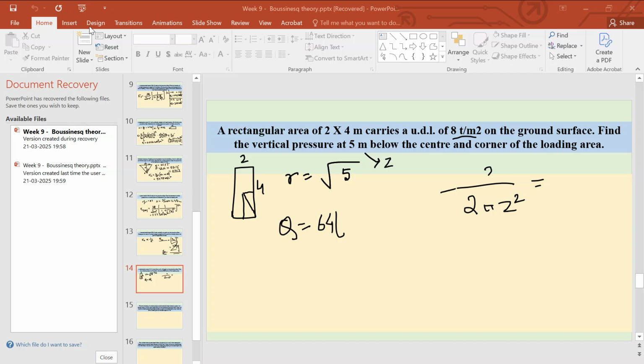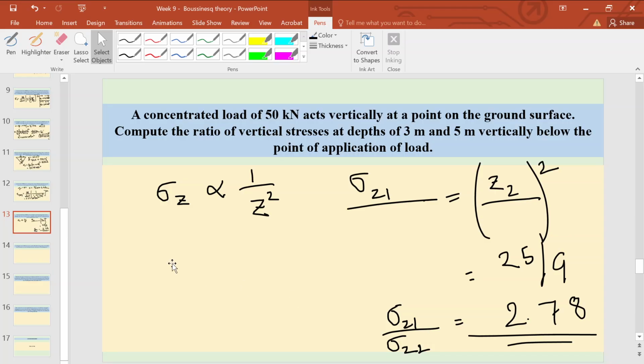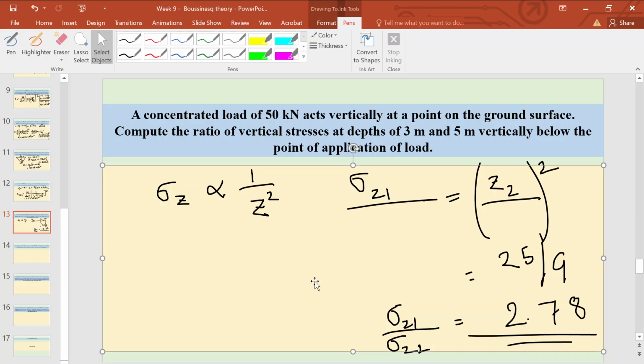See, this is the issue with online teaching. Yes, sir. It was 2.78, right? Previously. Share the screen, sir. Oh, okay. Wait. Okay, there are two PPT opened. Here also. Just a moment. Okay, sir.